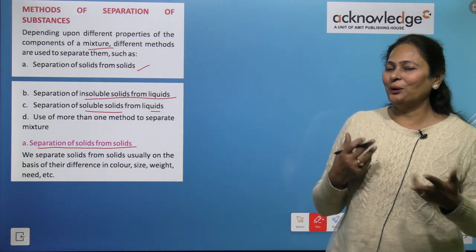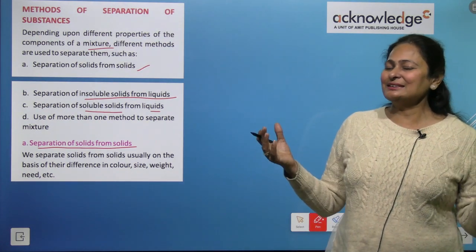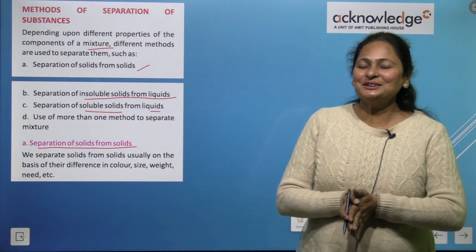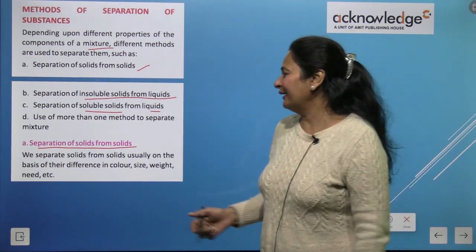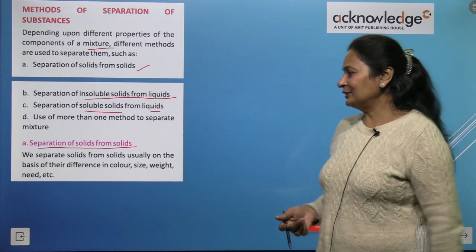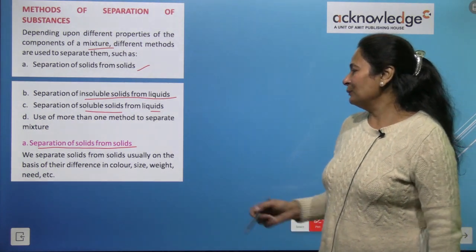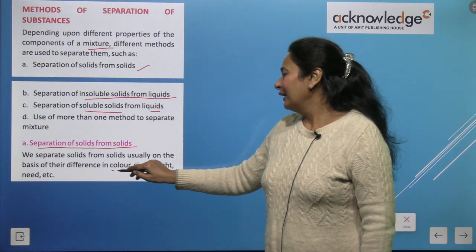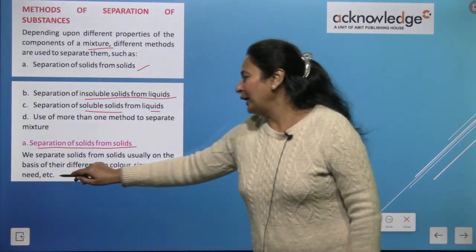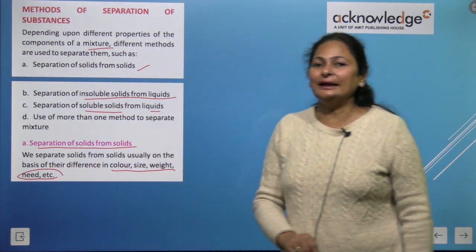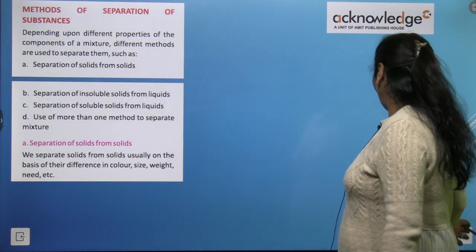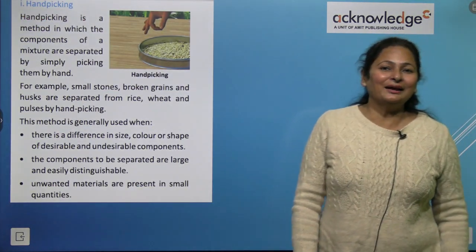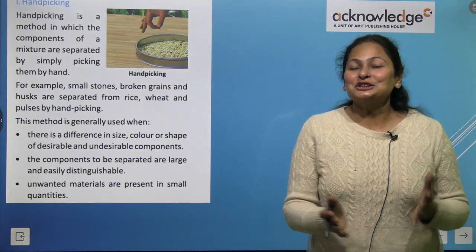We have two or more solid substances that have mixed together by mistake, or by the nature. We separate solid from solid usually on the basis of different color, size, weight and needs. So let's see how we can separate solid from solid.